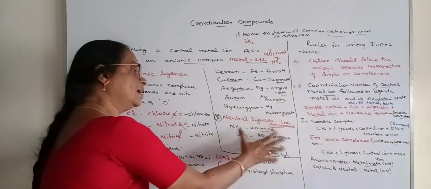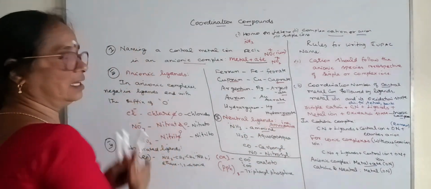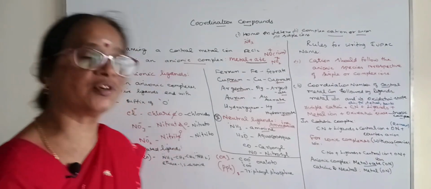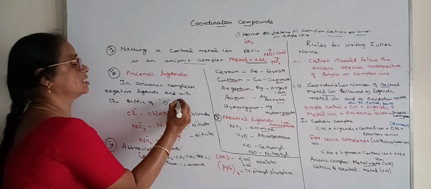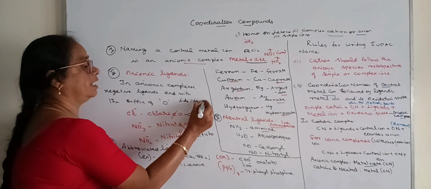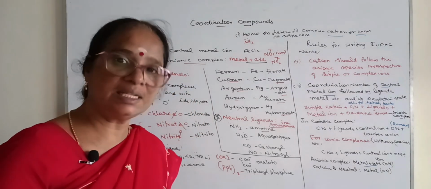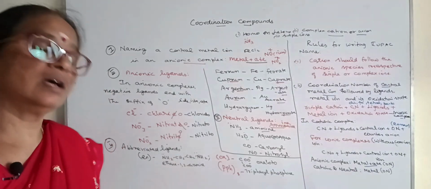Anionic ligands should always end with the suffix -o. Usually, anions have the suffix -ide, -ite, or -ate, and these suffixes depend on the oxidation state of the non-metal present in the radical.